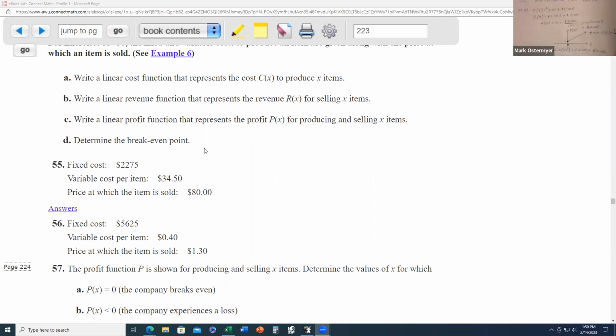Okay, so problem number 55 here. Let's take a look here, number 55. Notice for 55, they give us a fixed cost. And the fixed cost is $2,275. They give us a variable cost. And the variable cost is $34.50.